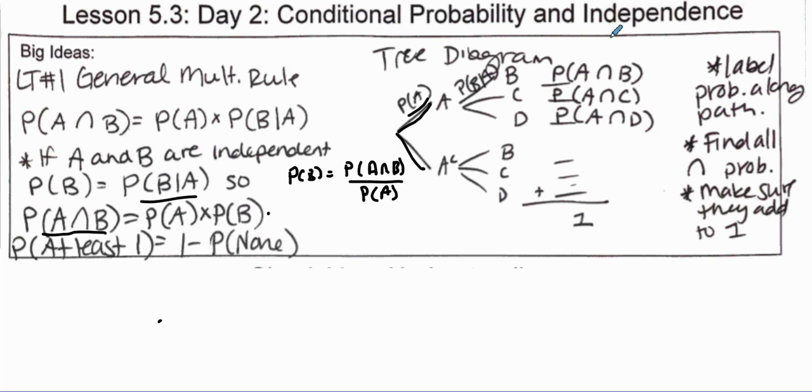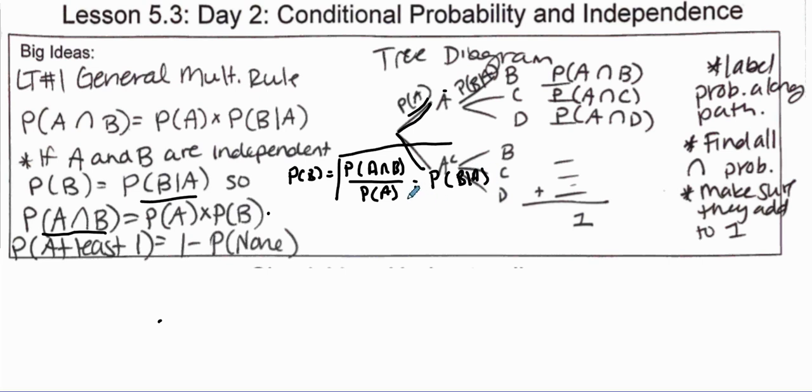Or if we have a tree diagram, we know that in order to find this A and B, we can multiply these two values together, because this is actually equivalent to, as I said before, the probability of B given A.